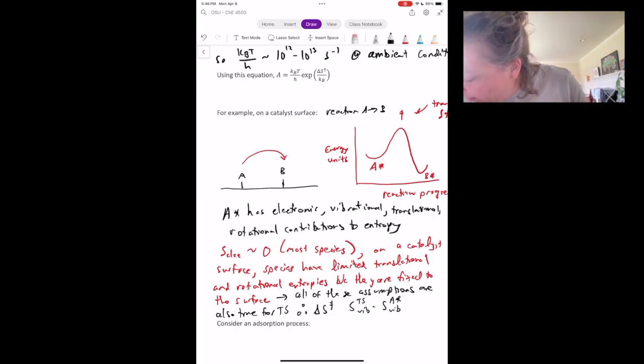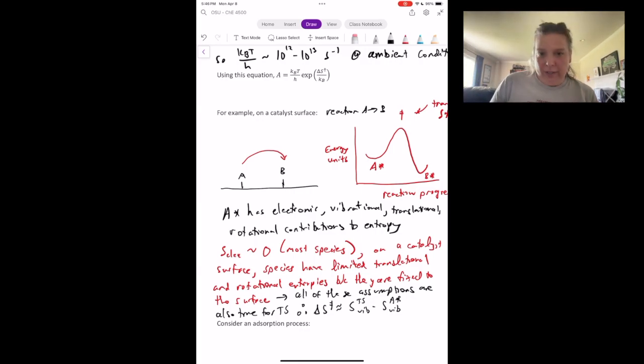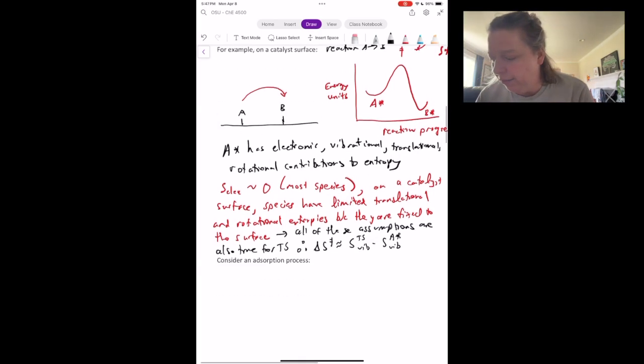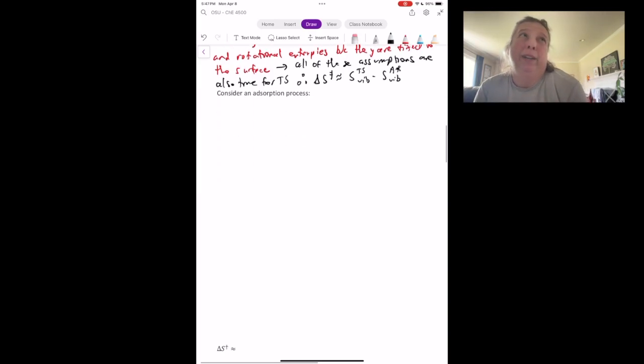We can estimate this contribution, or the change in entropy, as equal to the change in vibrational entropy between the transition state and the reactant species. And again, this is just one model. There are going to be other models, so this doesn't explain every single circumstance, but it can explain, for example, surface reactions.